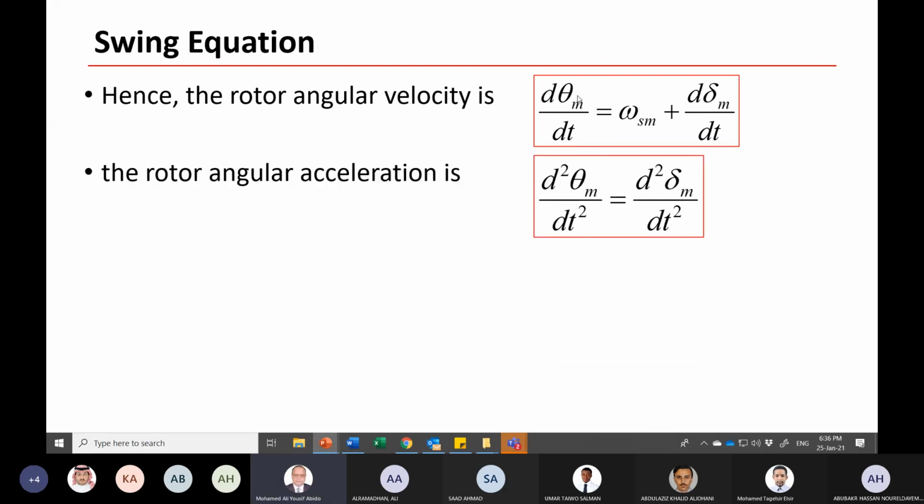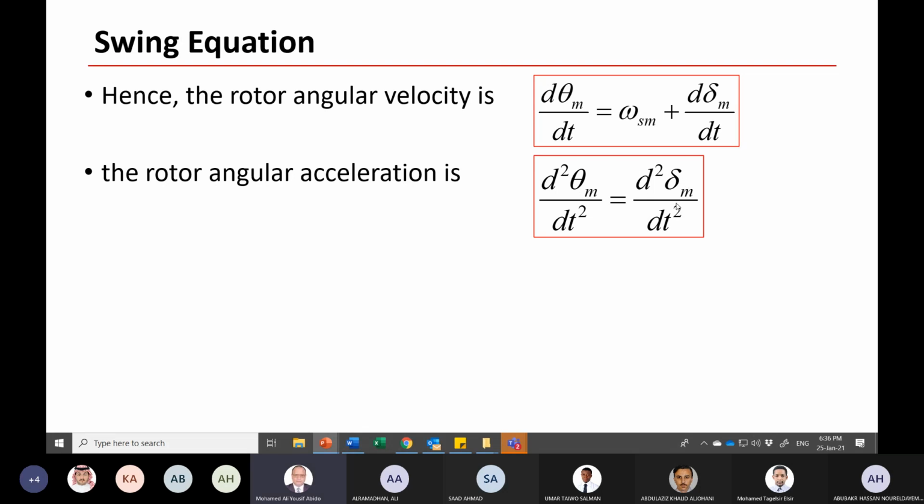Then d square theta by dt square: this is constant speed, so that term will vanish, and you have d square delta by dt square. So in the swing equation, you can replace d square theta M by dt square with d square delta by dt square. This is still the mechanical angle.